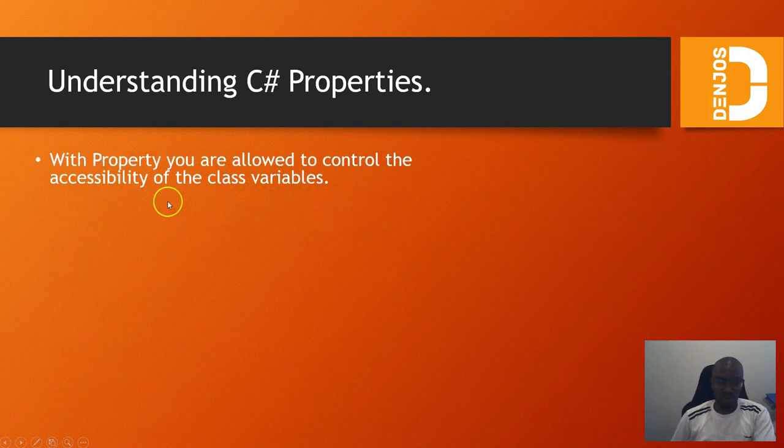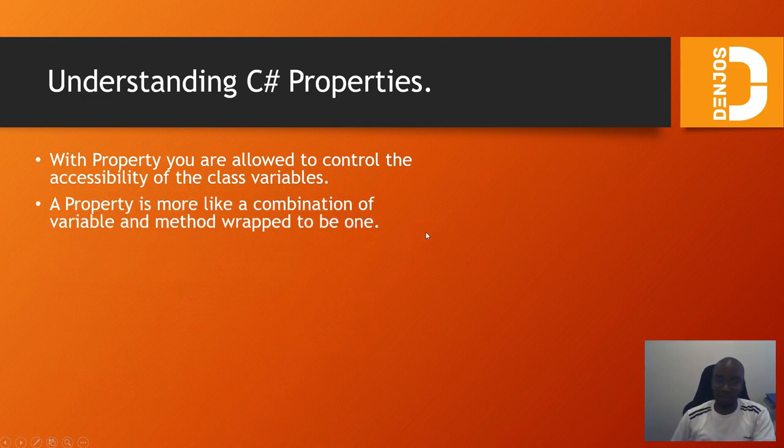First of all, with property you are allowed to control the accessibility of the class variables. Okay. I'll take that again. With property, you are allowed to control the accessibility of the class variables. Okay. And then a property is more like a combination of variable and a method wrapped to be one.